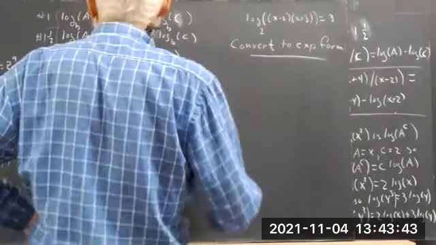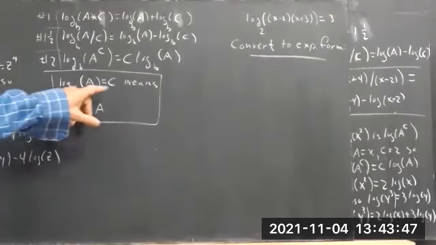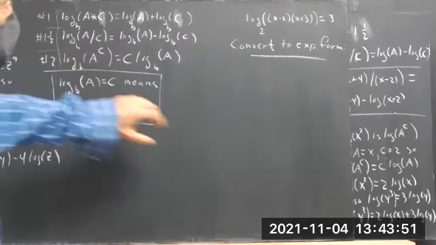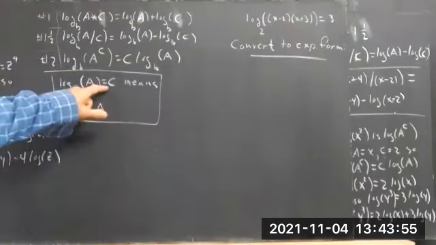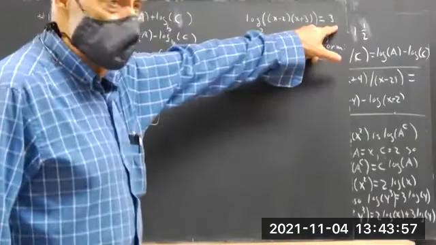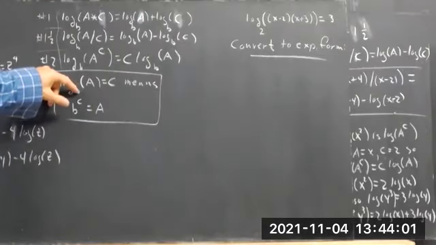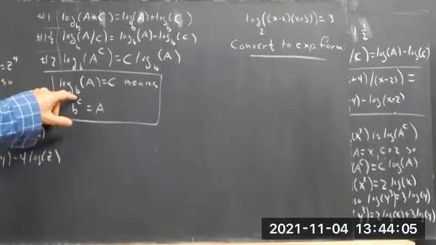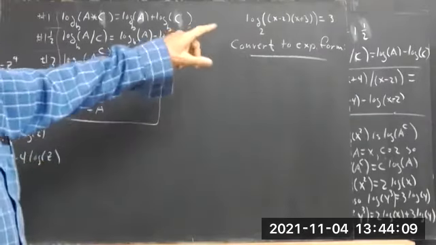And what you get, using the rule here, log to the base b of a equals c. A is the thing you're taking the log of, that's the x minus 2 times x plus 3. And c is the thing on the other side of the equal sign, which is 3. That gives you b to the c equals a. Well, what's b? B is the base, right? It's 2.